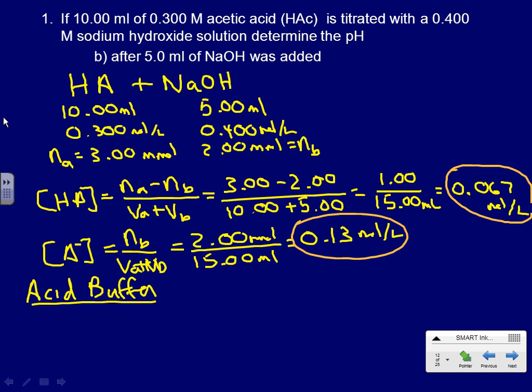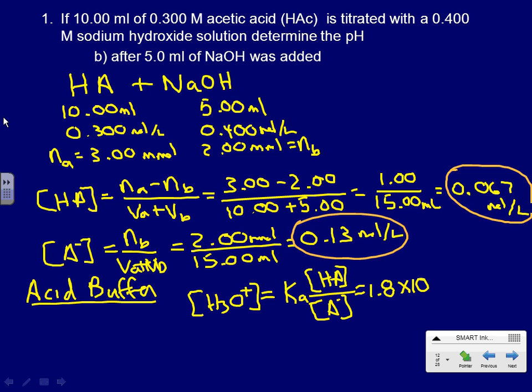Remember from yesterday's lesson, if I have a weak acid and a conjugate base, this is an acid buffer. And that means I have to use my acid buffer equation to determine the H3O plus. And if you recall that equation, that's equal to the Ka times the HA over the A minus. 1.8 times 10 to the minus 5. And in this case, it is 0.067 over 0.13.